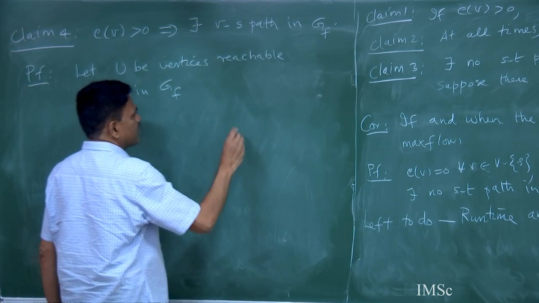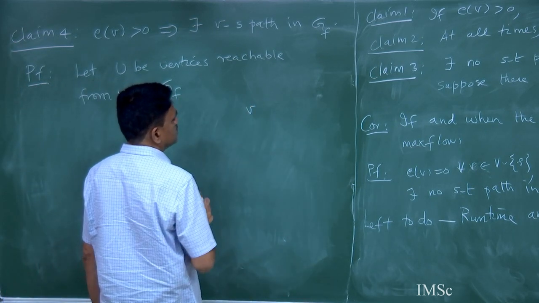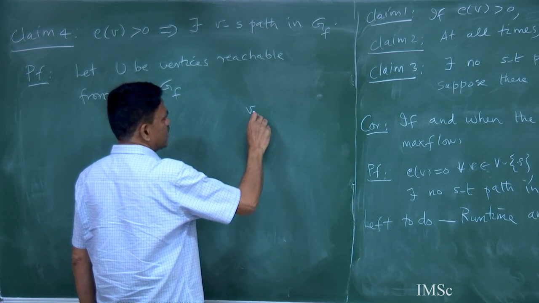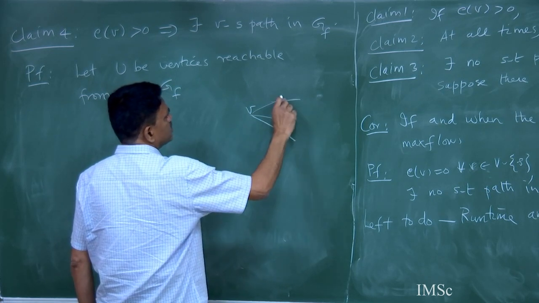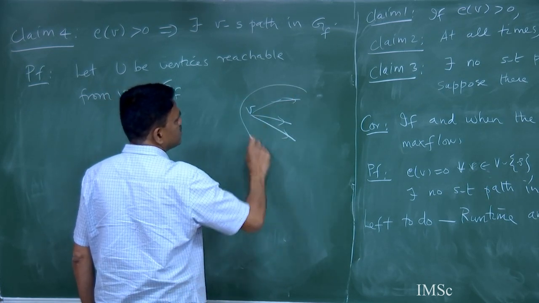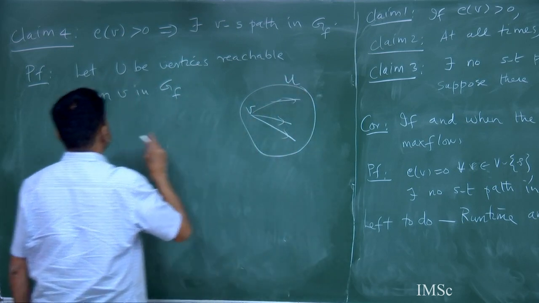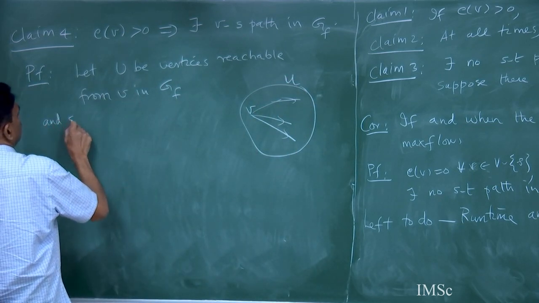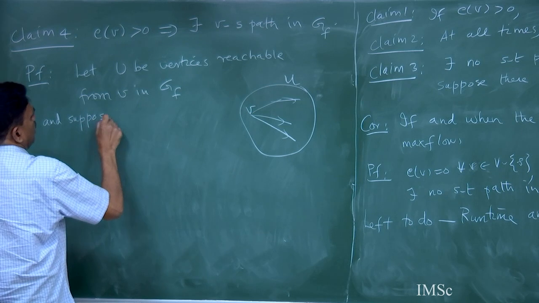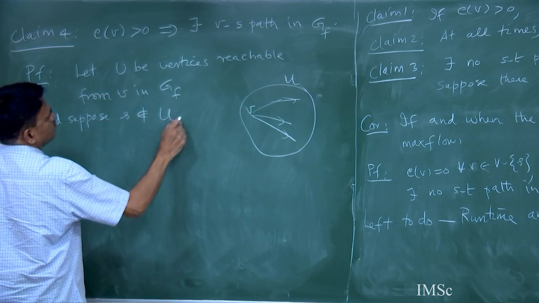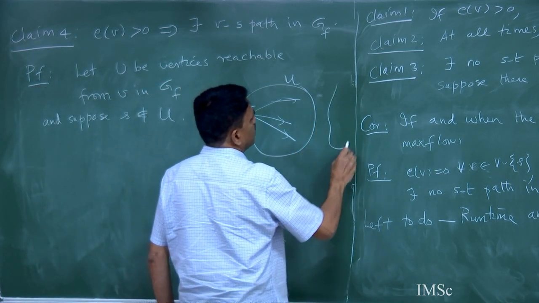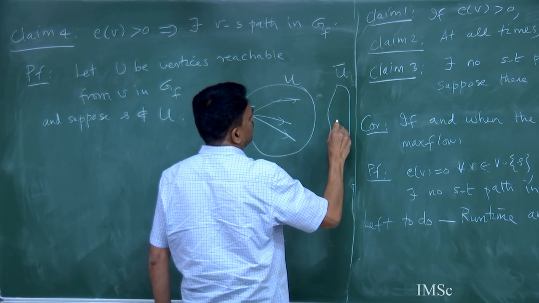So in my residual graph, I have a vertex which has an excess, and I'm collecting all vertices which I can reach in the residual network, and this is my U. And suppose S is not in U. So this is my U bar, and S is sitting here.